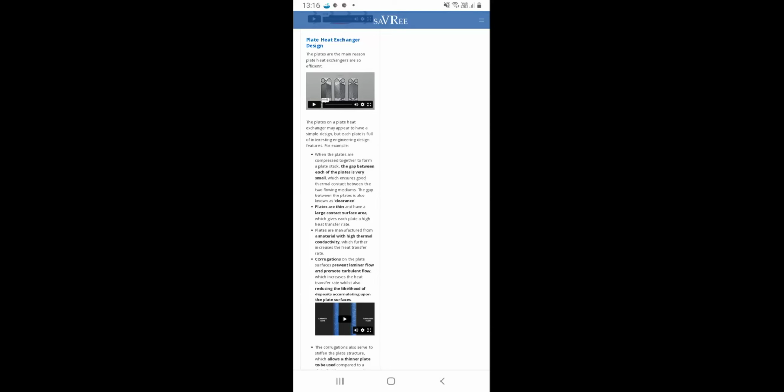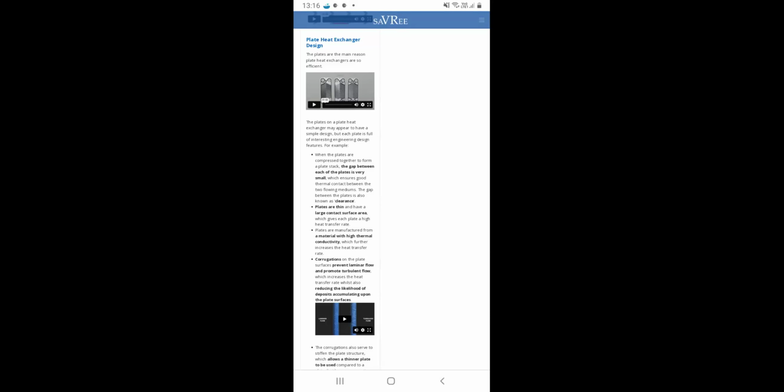There are lots of plates and you can increase or decrease the plates. In a shell and tube type cooler, you cannot increase or decrease the tubes, whereas here you have the option. If you want to increase the area, you can add plates, so you can increase the heat transfer area and the heat transfer process.